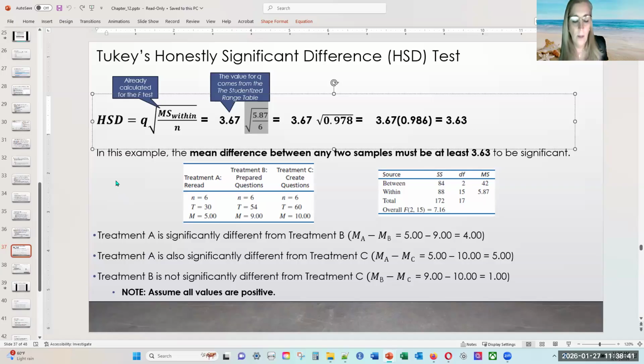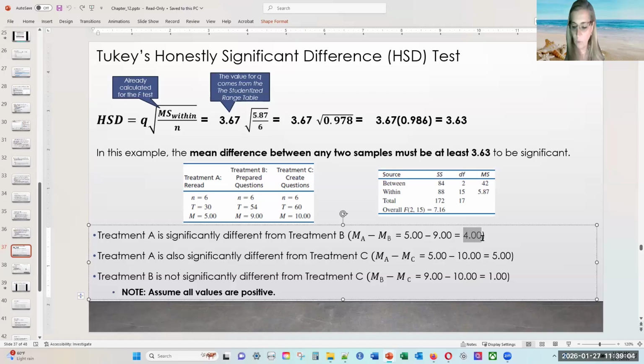All right, so in this example, the mean difference between any two samples must be at least 3.63 to be significant. Then you make your comparisons. In this example, we had three groups. You take the mean of group A and subtract group B, and you find that it's 4.